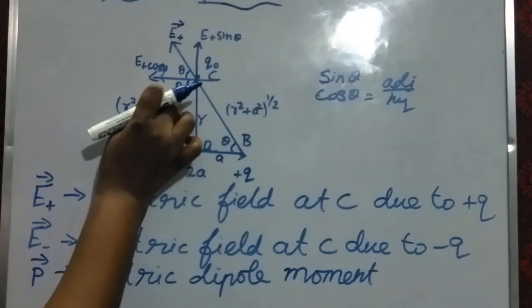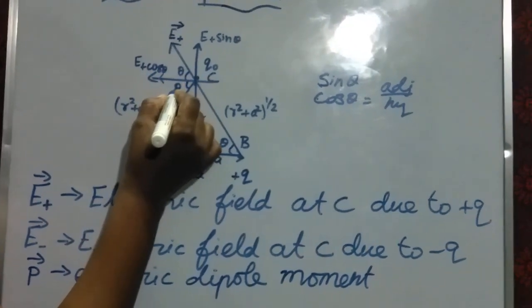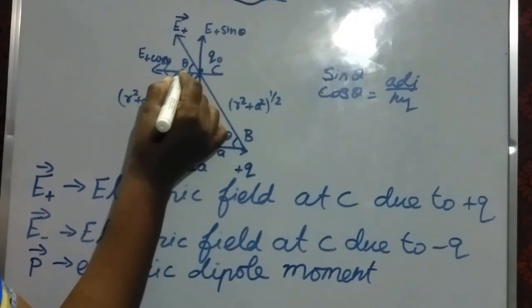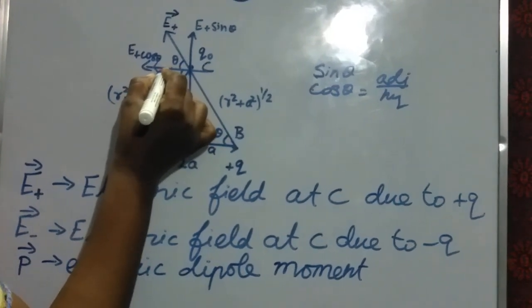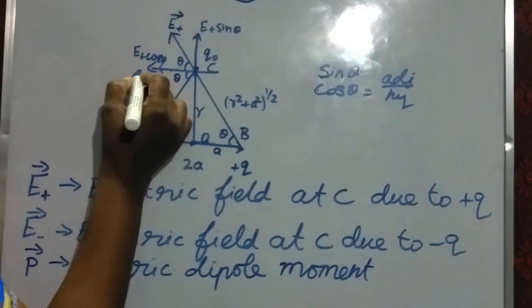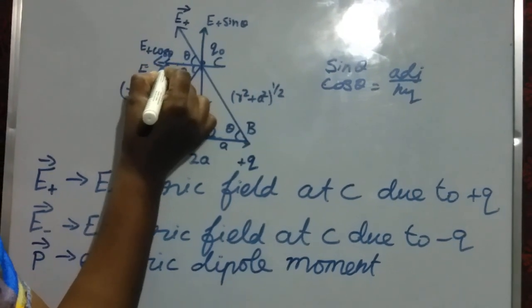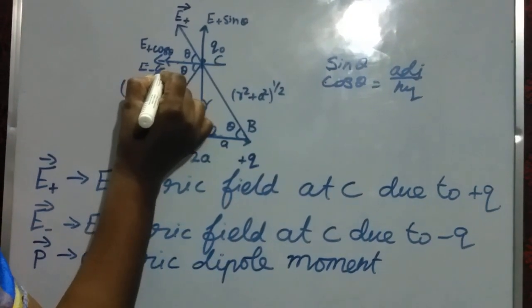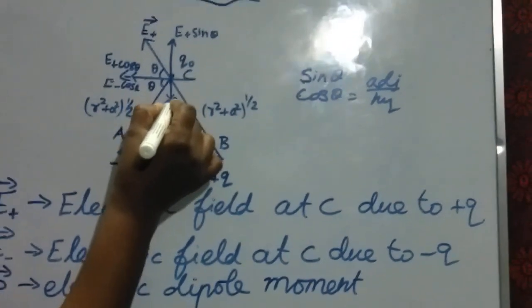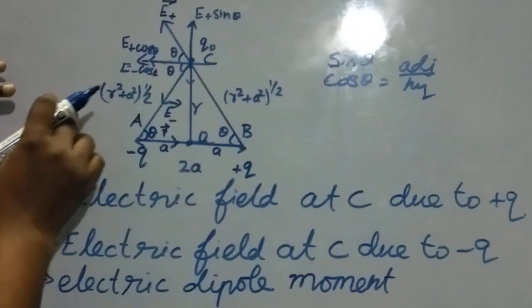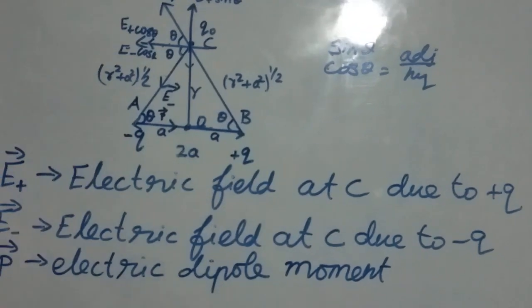For this angle, theta touches this line and this line, so this line will be the adjacent. So for E minus also, this component will be E minus cos theta and this direction is E minus sin theta. This we can see clearly in another diagram.